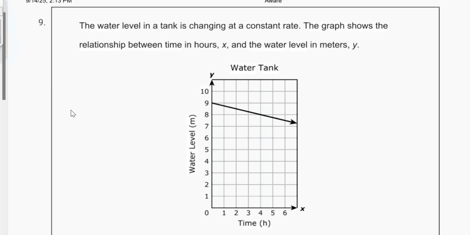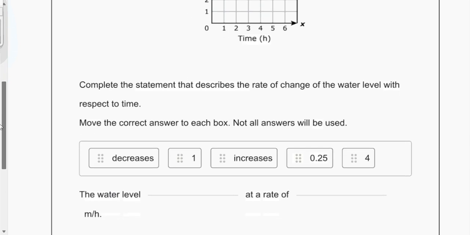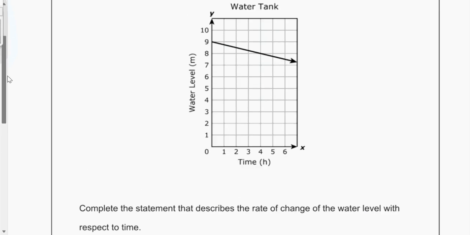Number 9, the water level in a tank is changing at a constant rate. The graph shows the relationship between time in hours and the water level in meters. Complete the statement that describes the rate of change of the water level with respect to time.